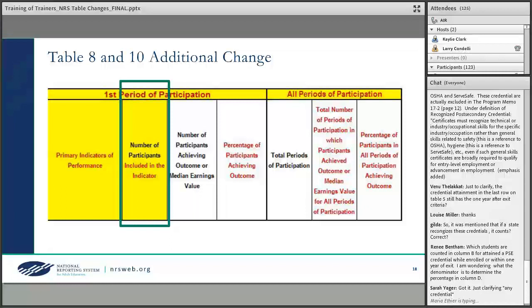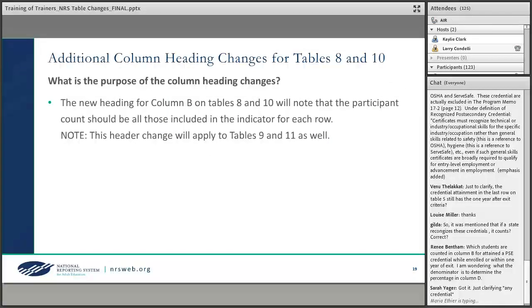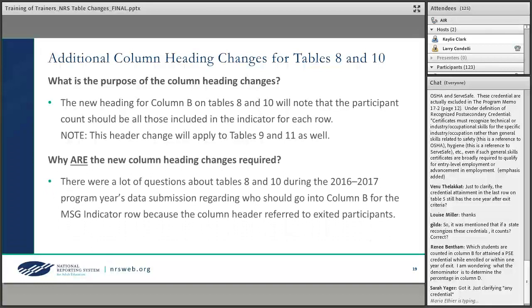So sometimes the person will have had to exit. In the case of MSG, they would not have had to exit. And that's the case for Table 8, the family literacy optional table, and Table 10, the correctional ed table. So that was all we did with that table. Okay, next slide. And again, that was to make it clearer, that's all.